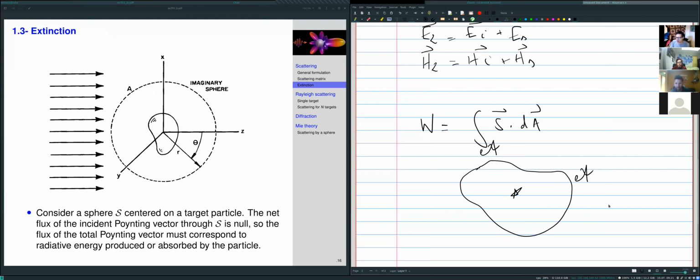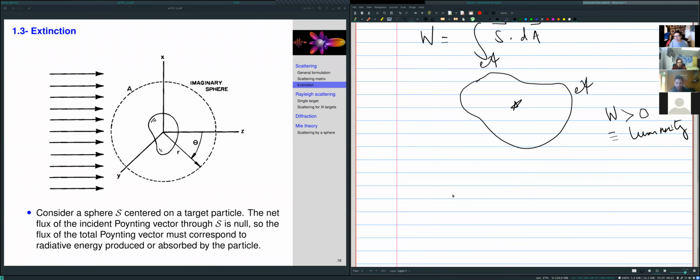Okay. Of course, then we know that W is going to be the stellar luminosity. Right? It's going to be the stellar luminosity, the power emitted per unit second, because this is the flux per unit area. Okay, good. Now imagine that we don't know what it is. It's not a star. It's whatever.